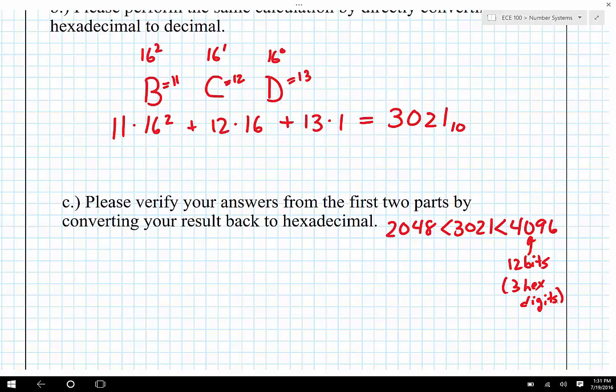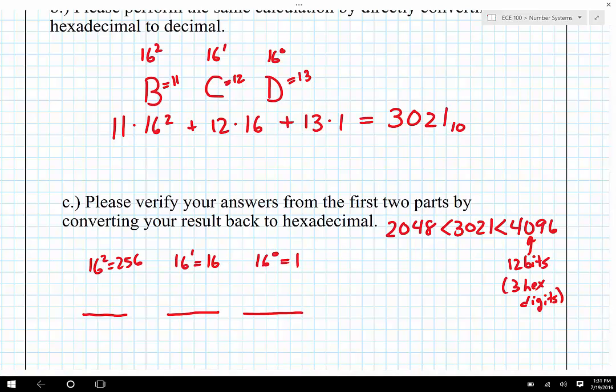So I start out with 3021, and I'm going to have 3 spaces here because I'm creating 3 hex digits. And the first one is going to have a weight of 16 squared, which is 256. The second one is 16 to the first power, which is just 16, and then 16 to the 0 power, which is just 1. So the question is, will 256 go into 3021?